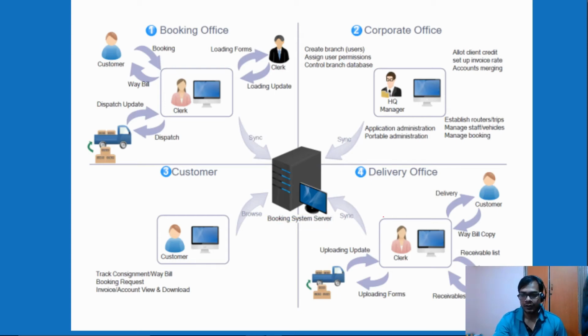Apart from that, the delivery office is the last destination of your transportation. When the dispatch vehicle reaches there, they update their details to the clerk, and the clerk updates everything in the booking system server.